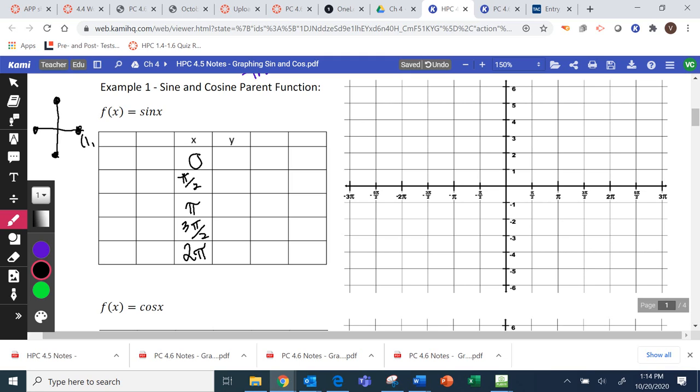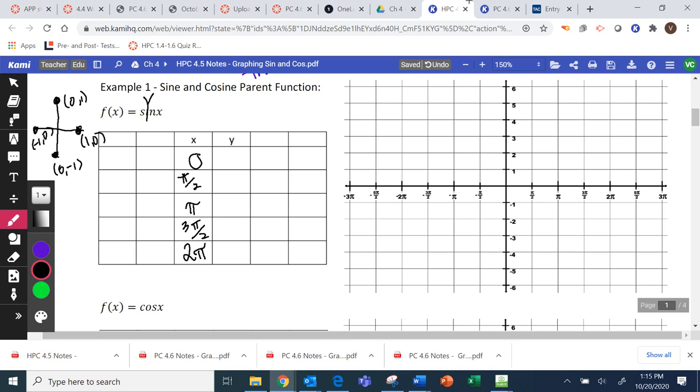These are the 1, 0, 0, 1, 1, negative 0. And then 0, negative 1. And because it's sine, sine is the y.